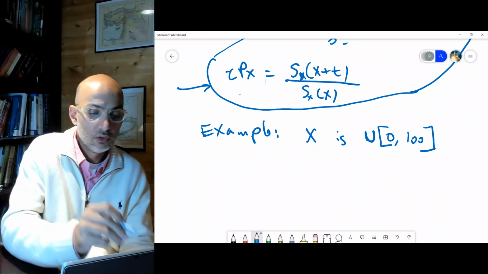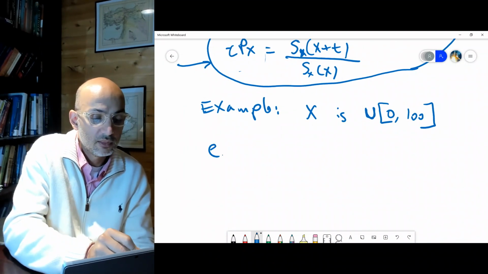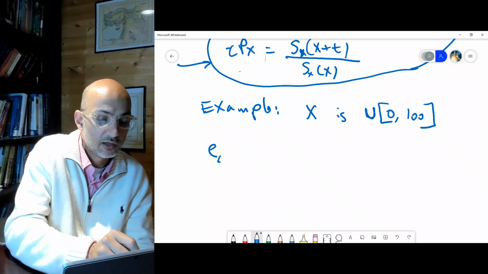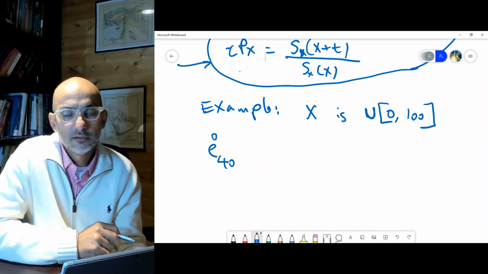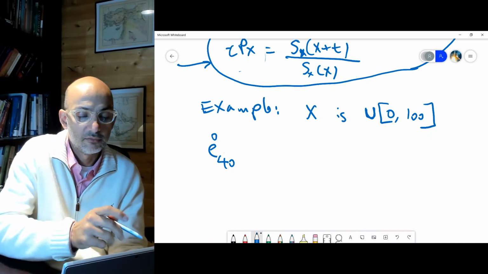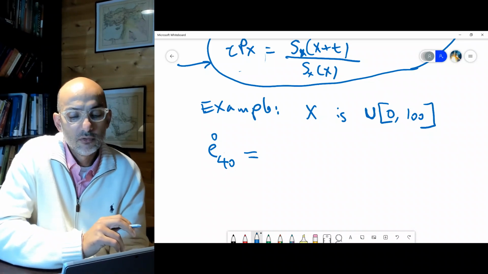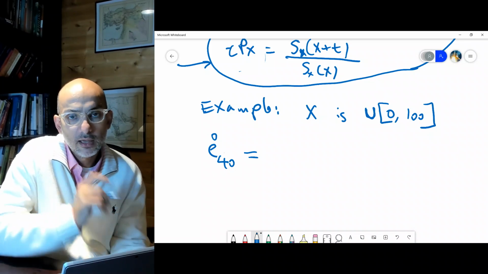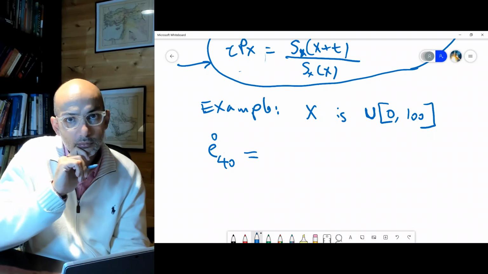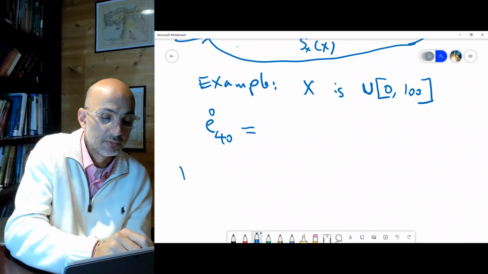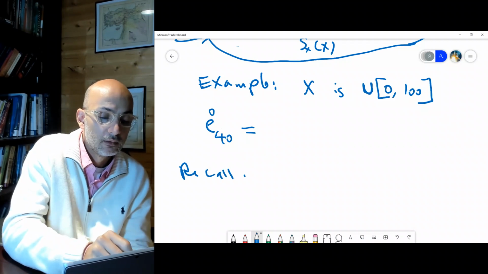You are given the question to compute, instead of 0, at age 40, the expected remaining lifetime, the life expectancy at age 40. How do we calculate this one? You can integrate, it's so simple, but what I wanted you to recognize is the fact we established last time. Recall what we said.